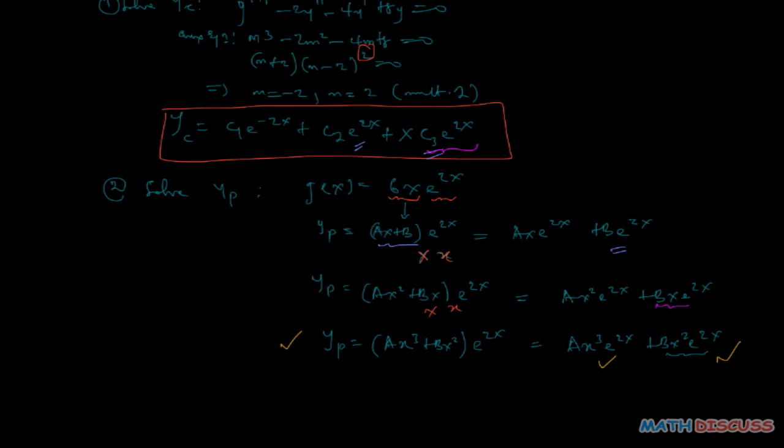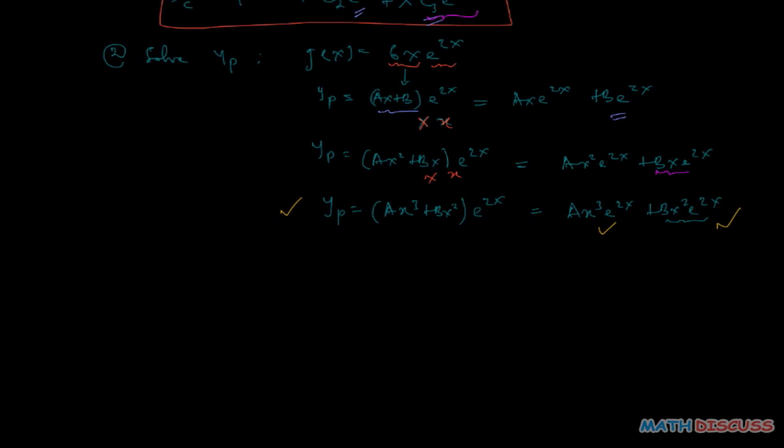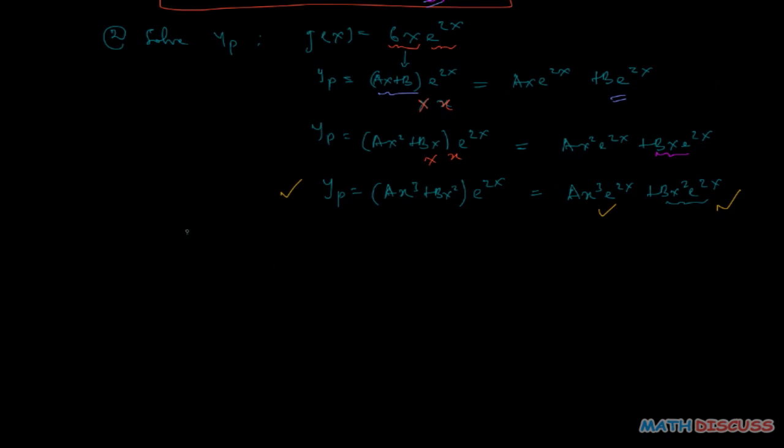So let me officially declare my yp. Yes, I found a yp. This is the yp that I'm going to use: ax cubed plus bx squared times e to the power 2x.